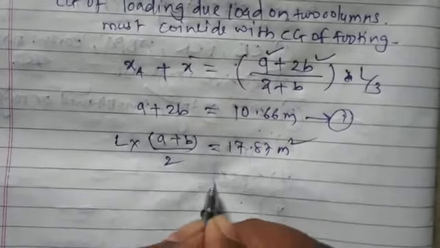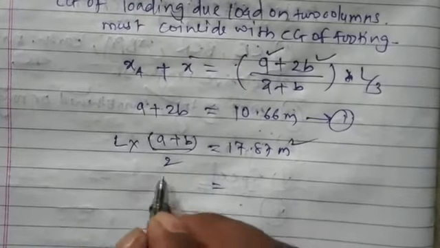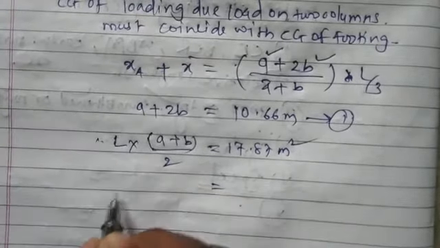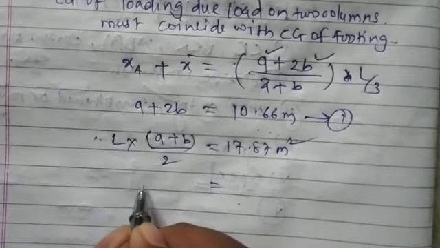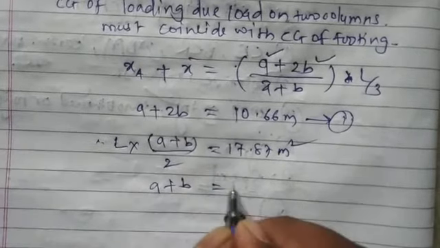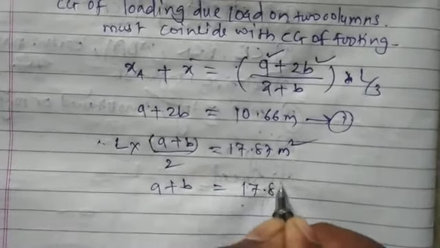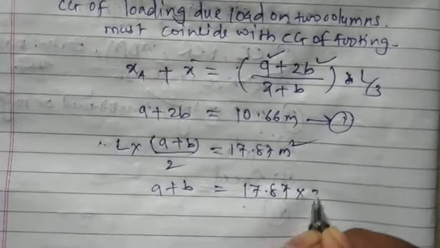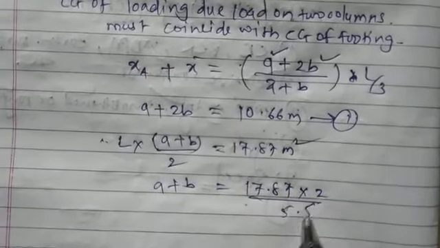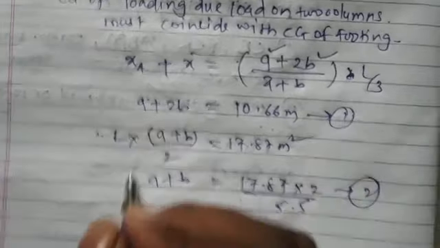The length is 5.5 meter, so A plus B will be equal to 17.87 into 2 divided by 5.5. This will be the second equation.